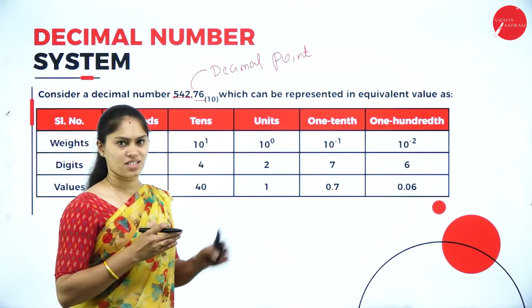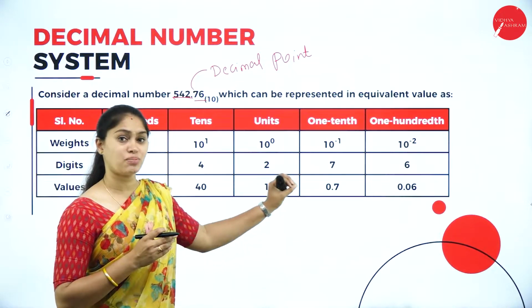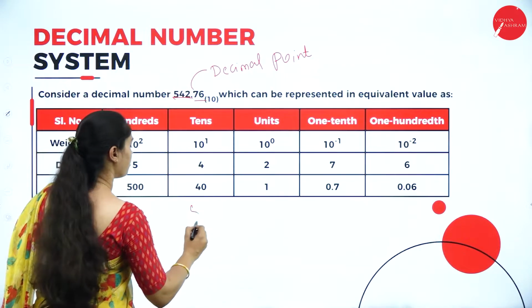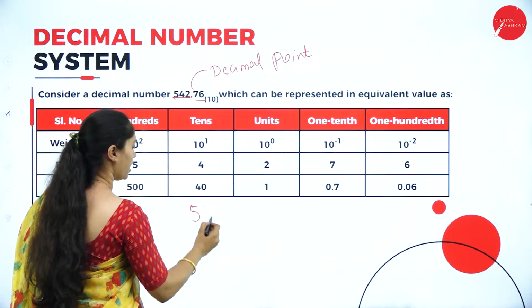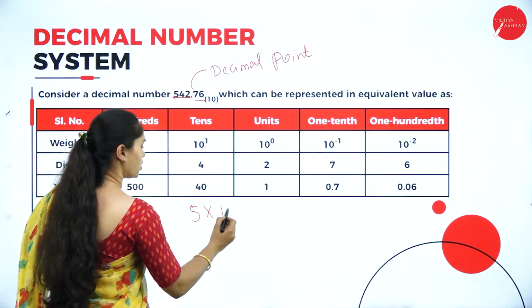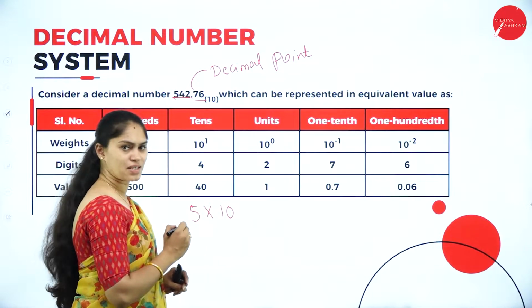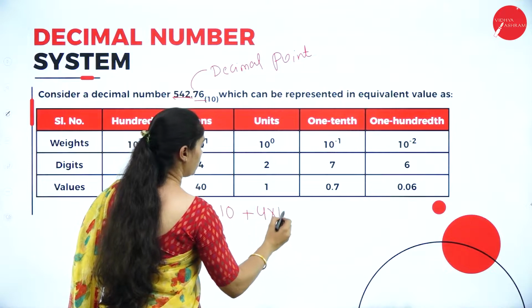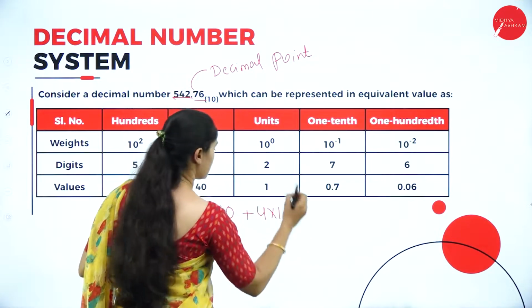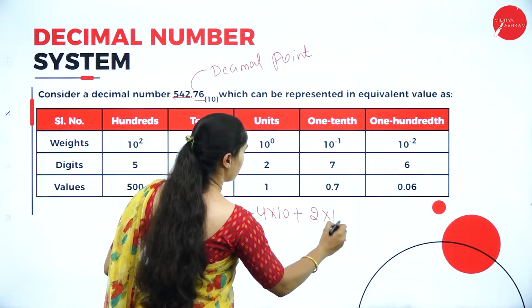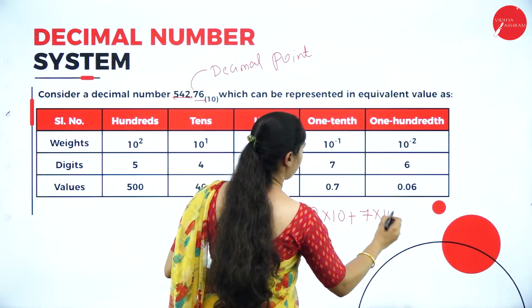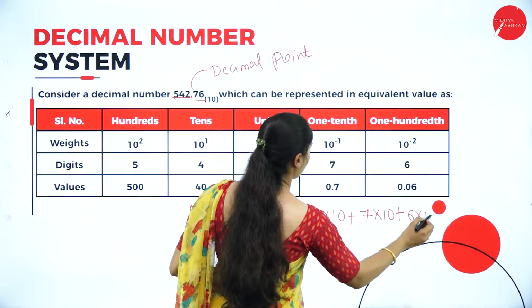Totally it is of 10 digits from 0 to 9, and it will be expressed with the power of 10. Fine. Then how are we going to write? 5, what is the digit? First one, 5 into 10, plus 4 into 10 plus, what is the next number? 2 into 10 plus, the next number is 7 into 10 plus 6 into 10.